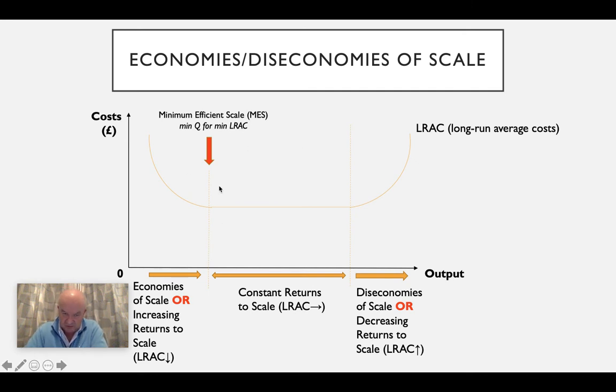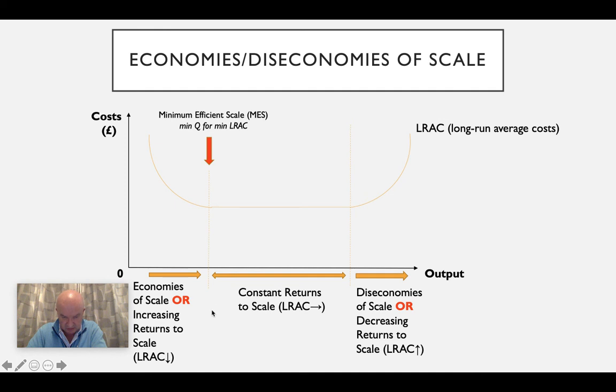Now, the other thing I just want to draw your attention to, as you saw pop up on the screen, is this minimum efficient scale that we mentioned, MES, and this is the minimum quantity for which you can achieve minimum long run average cost. You can see at this point here that our long run average cost curve has got to the point where it's actually horizontal, and this is the minimum quantity.